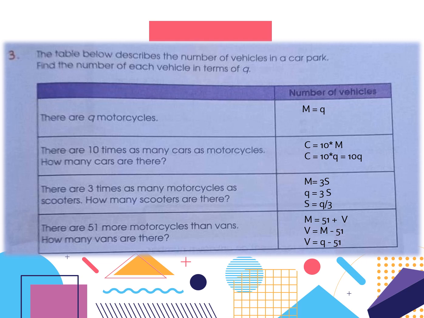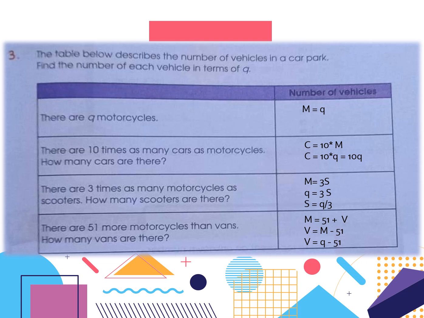Now in the last part, there are 51 more motorcycles than vans. How many vans are there? So first of all, we add 51 to the number of vans, which is represented by V, in order to get the motorcycles, because there are 51 more motorcycles than vans.